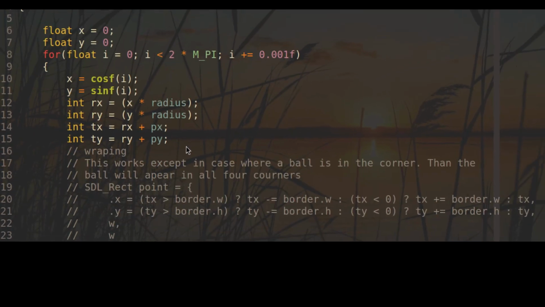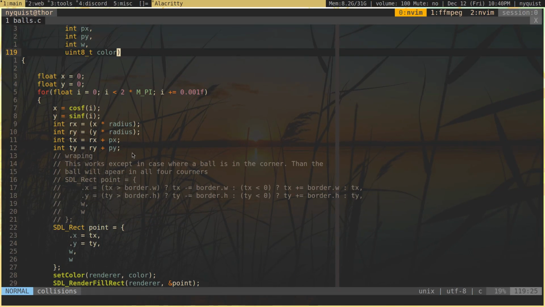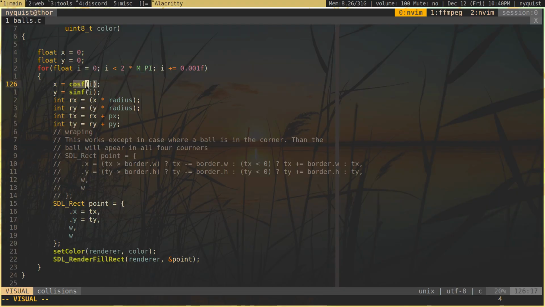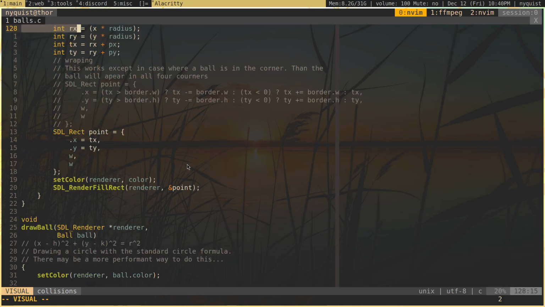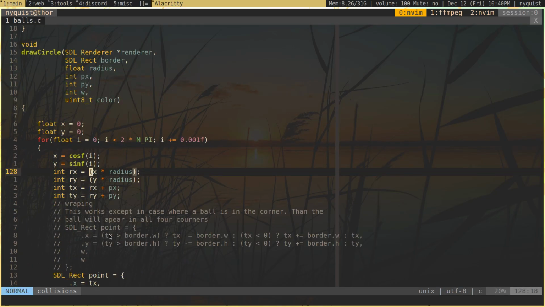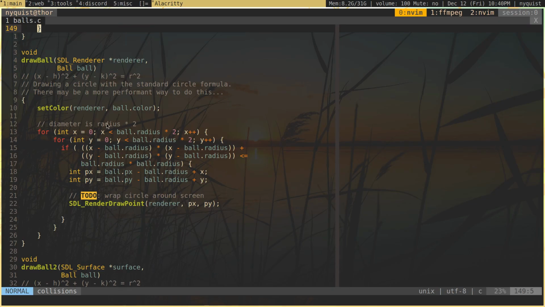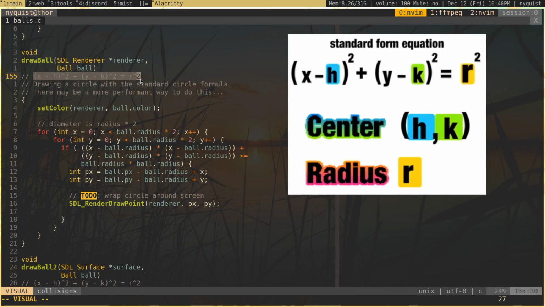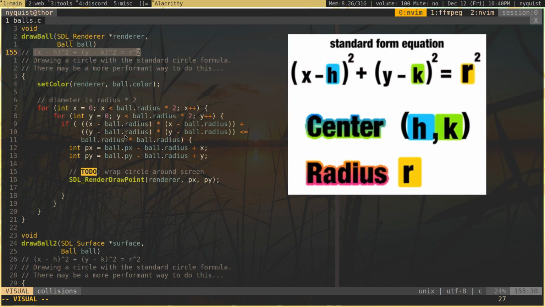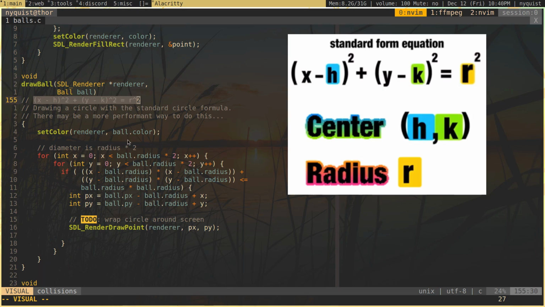Our draw circle formula, which I've gone over before, just uses cosine and sine to draw a circle to the screen. And then draw ball uses the standard circle formula, which draws a filled circle.